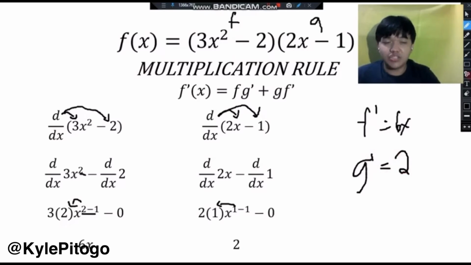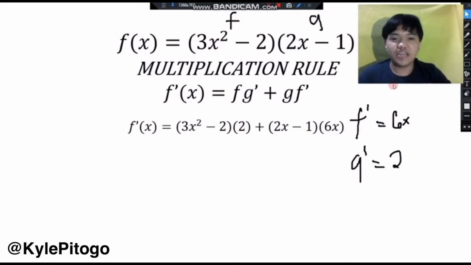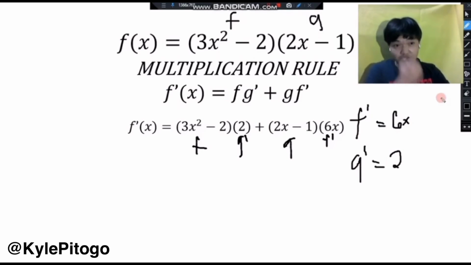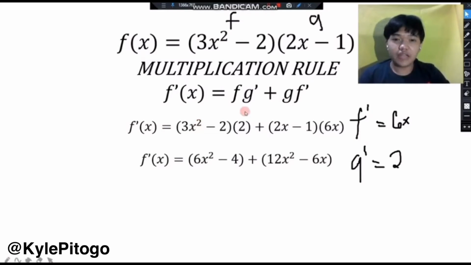Now, we can substitute. Here, we're going to substitute f, g, the derivative of g as 2, g as 2x minus 1, and the derivative of f is 6x. After substituting, we can now multiply: 3x squared times 2 is equal to 6x squared, minus 2 times 2 is equal to 4.